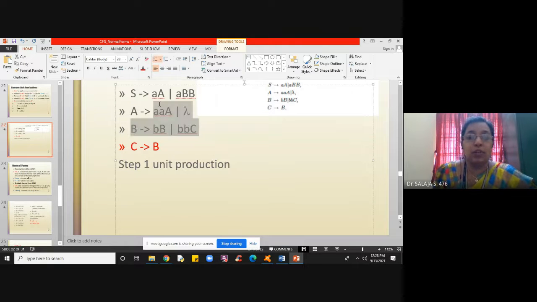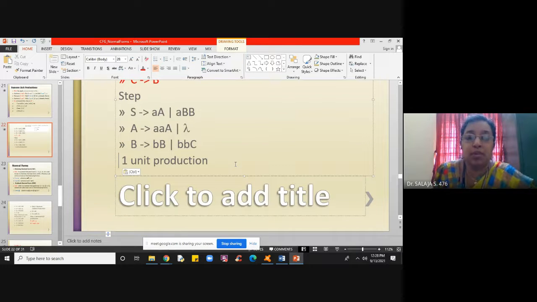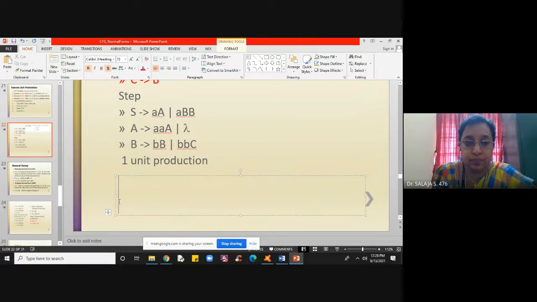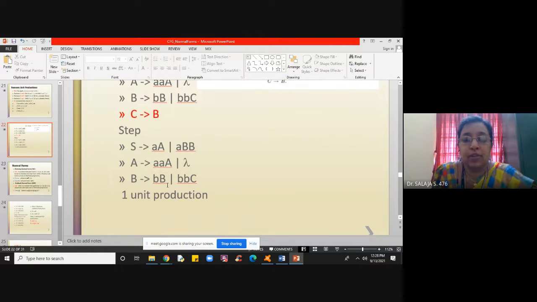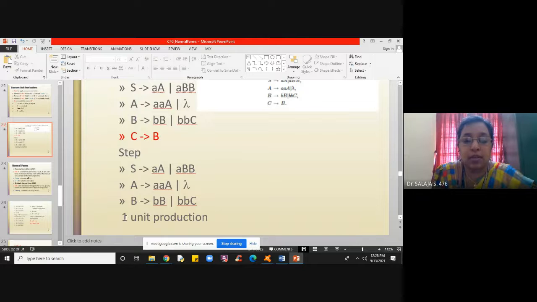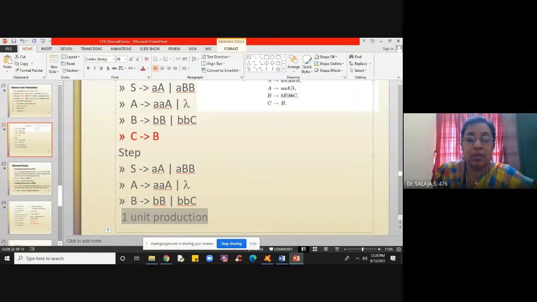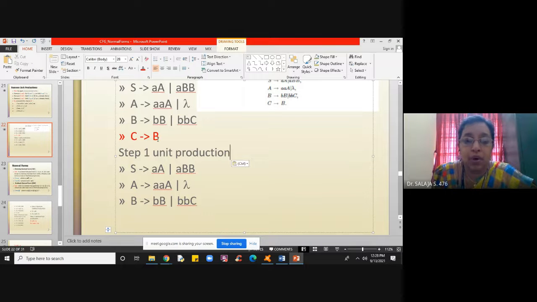And therefore, the first three productions remain untouched. We are not going to do any changes there. Right? But then what about the last one?